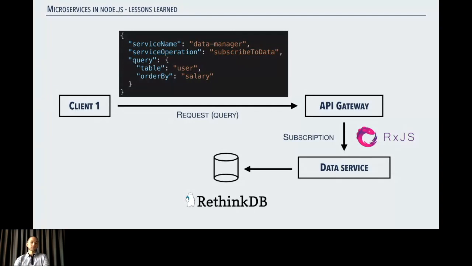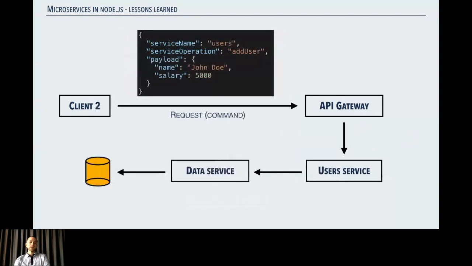In this scenario, the subscription was made, and now the other client, let's say client 2, is making another request with a command to our system, and in that command he adds a user, John Doe, with some salary.